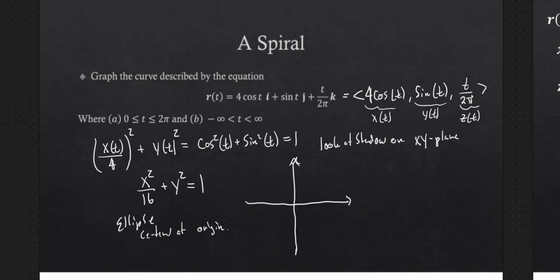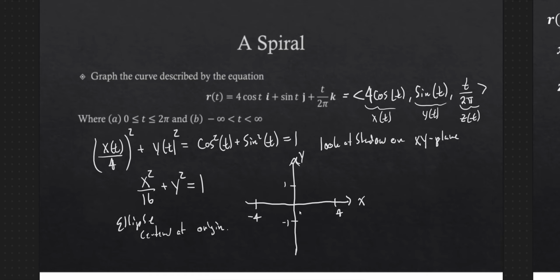If I force this to be 0, I'm looking at what my vector would look like if it were just on the xy plane. In some sense, that gives me the shadow of it, and I just get my ellipse centered at the origin. If this is my x and this is my y, in the x direction I go to 4 and negative 4, so I'll put 4 here, negative 4 here, and for y I go from 1 to negative 1.